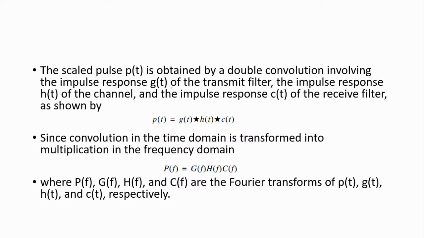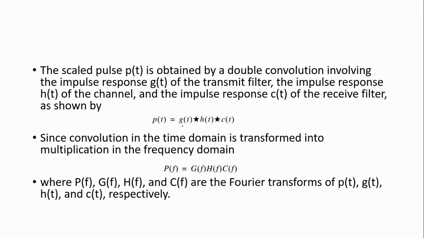Here, P of t is the scaled pulse. It is the double convolution of the impulse response of the transmit filter, the impulse response of the channel H of t, and the impulse response of the receive filter. P of t is equal to G of t convolved with H of t convolved with C of t. This is the double convolution.